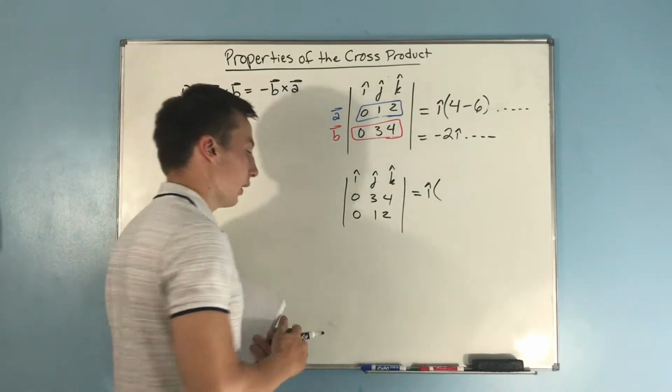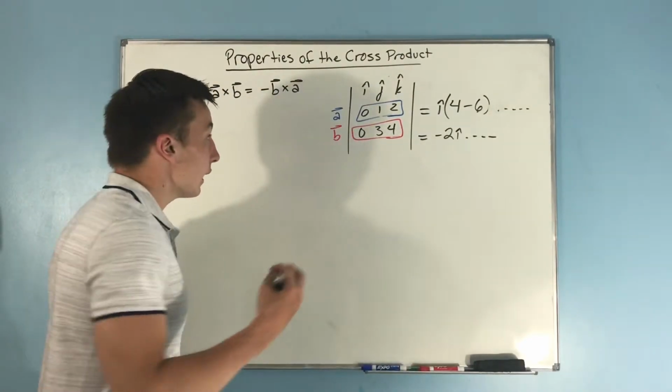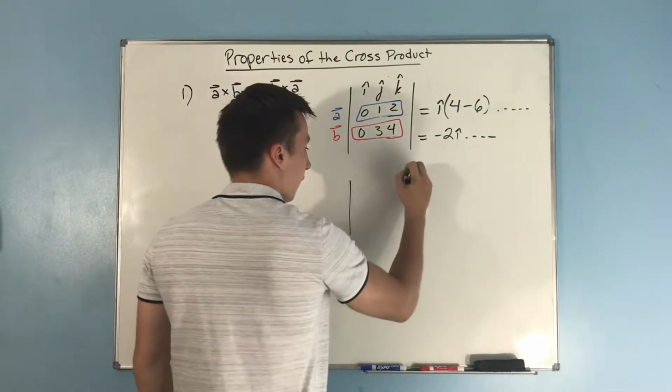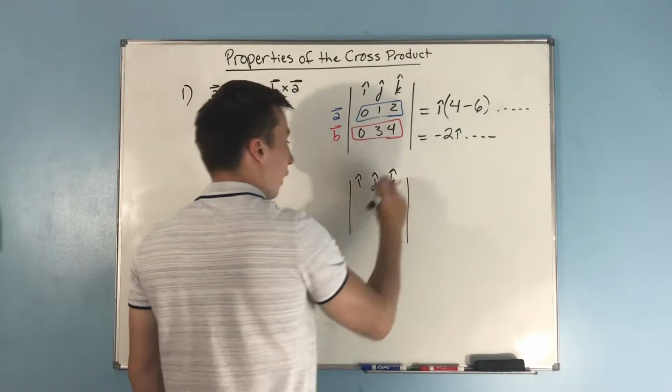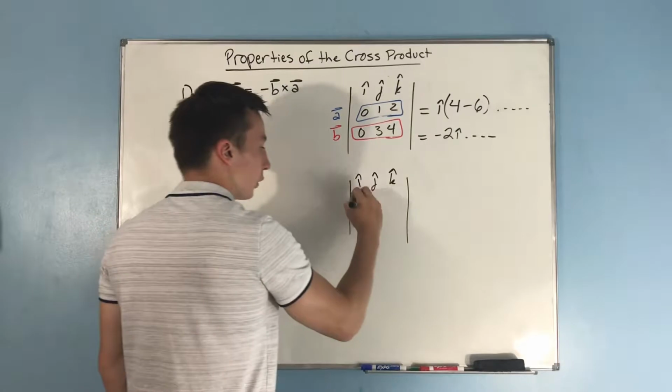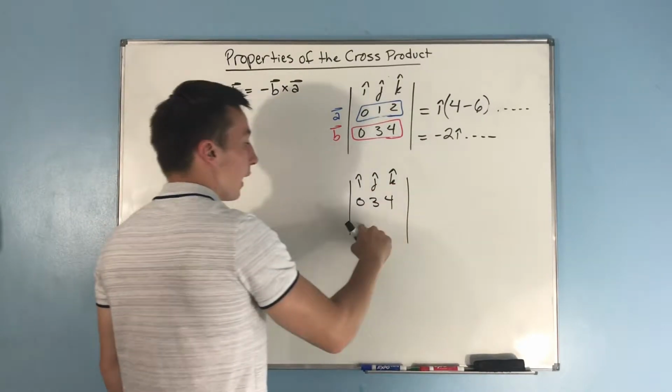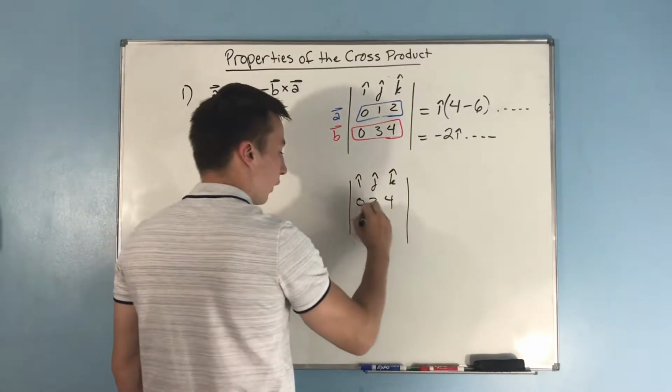That's what I'm talking about here. Now, if we instead do B cross A, B is going to be in the second row, so we have 0, 3, 4, and A will be in the third row, so we'll have 0, 1, 2.